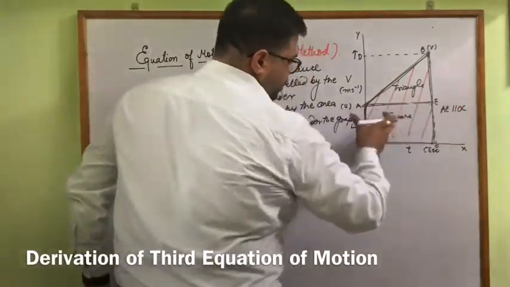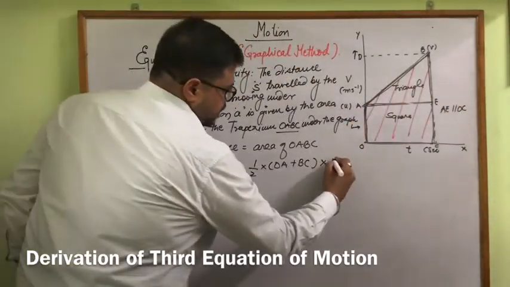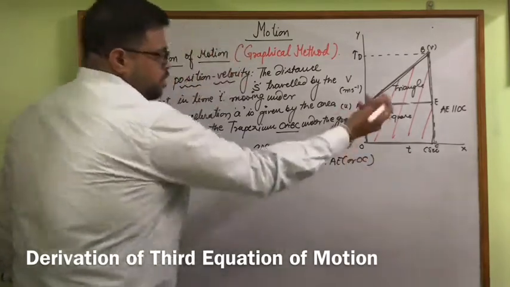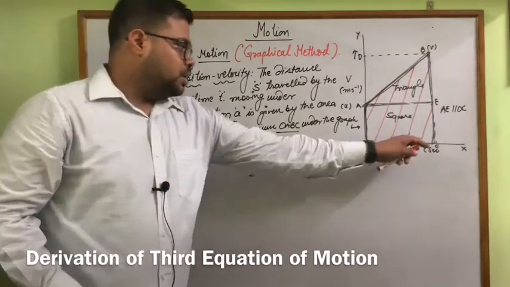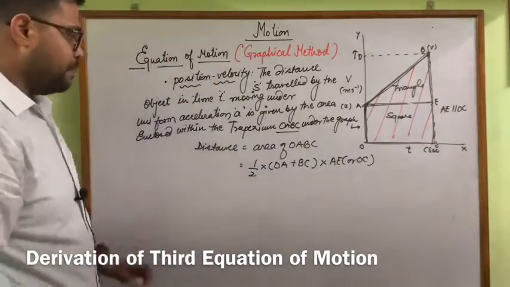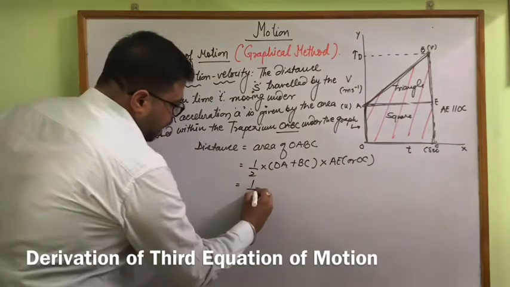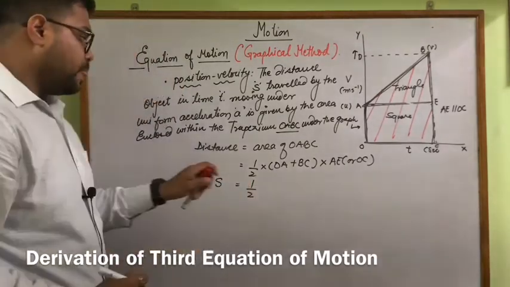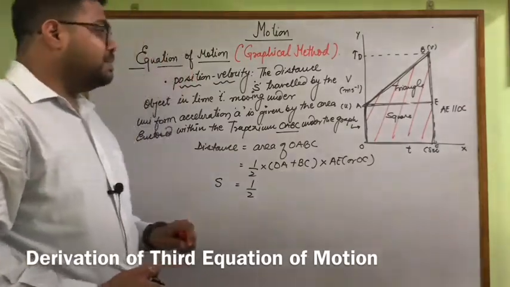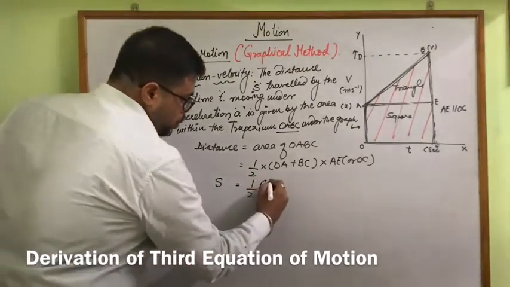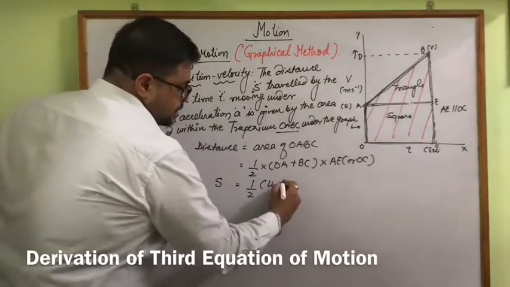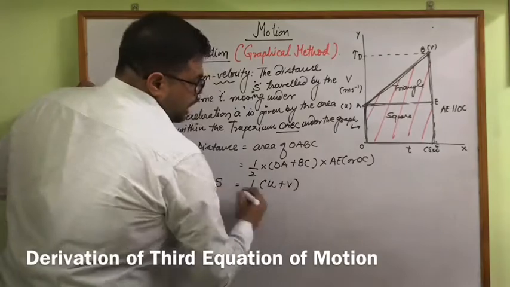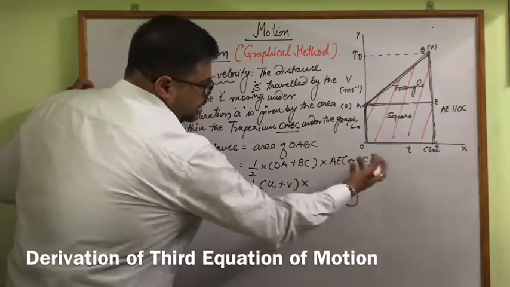AE or OC, both are parallel to each other and give us the time. OA here is U, BC is the final velocity V, and multiplied with OC, which is T.